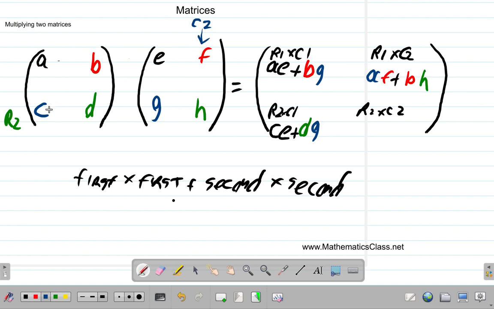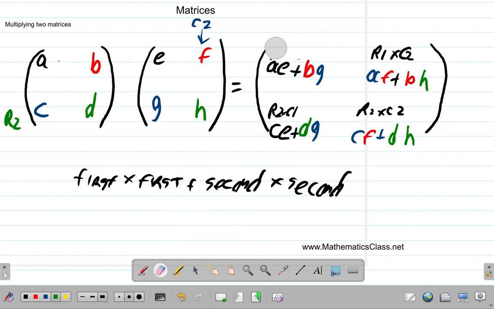The first element in row 2 by the first element in column 2, that will be CF, plus second element in row 2 times second element in column 2, DH. Good. So you see that.